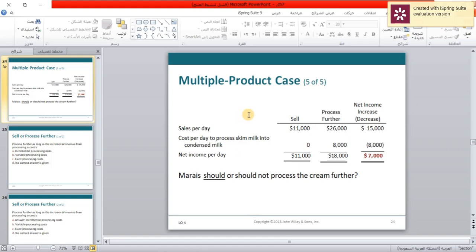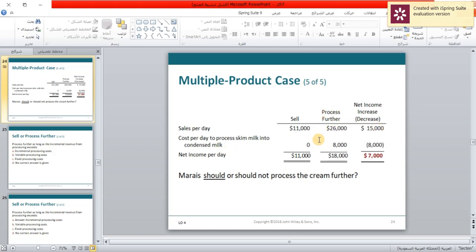The second product, sales per day, if we sell it as it is 11,000, but if we process further, the sales will be 26,000. So net income increases 15,000.